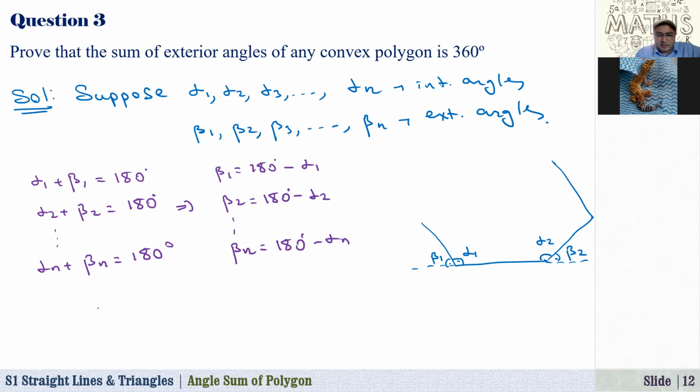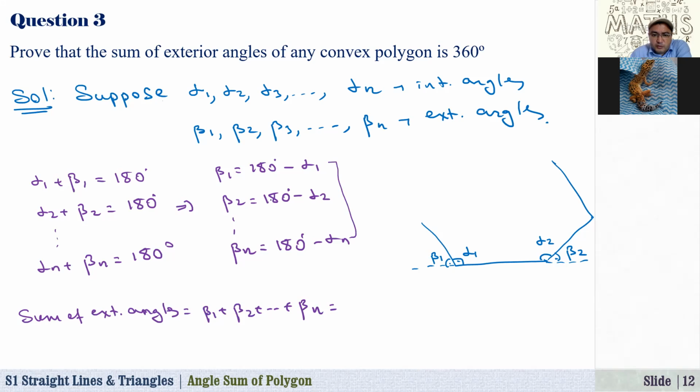The sum of the exterior angles, right? So the sum of exterior angles is equal to beta 1 plus beta 2 plus dot plus beta n. It is an n-sided polygon.